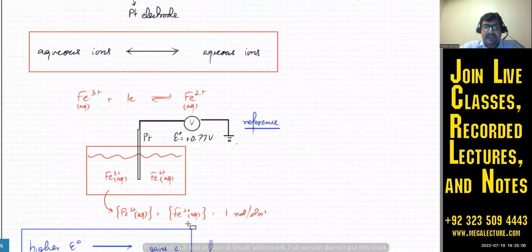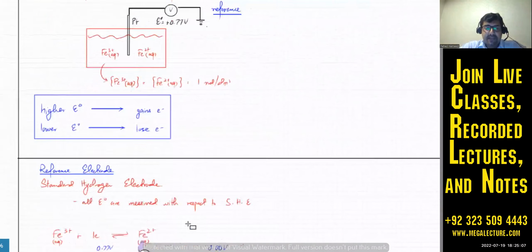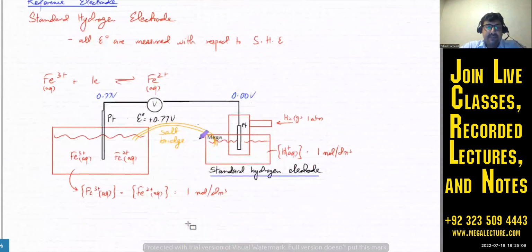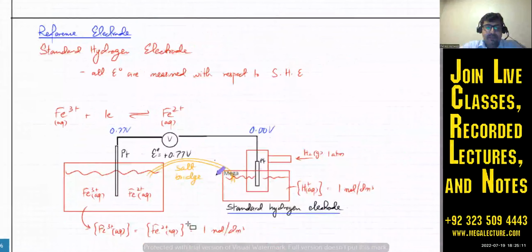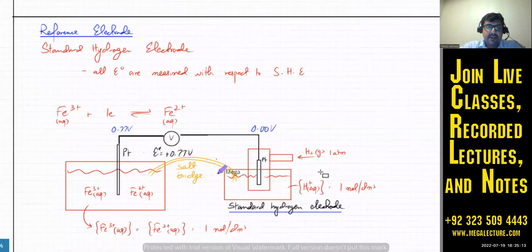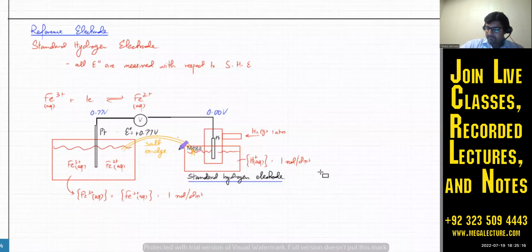So there'll be 3 main types of electrodes. And every time, the potential has to be measured with respect to the standard hydrogen electrode.